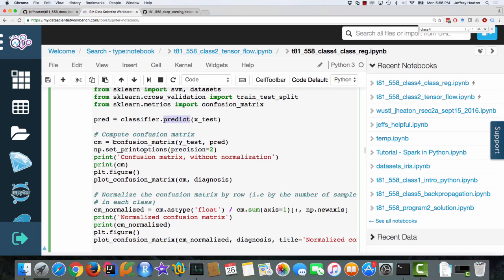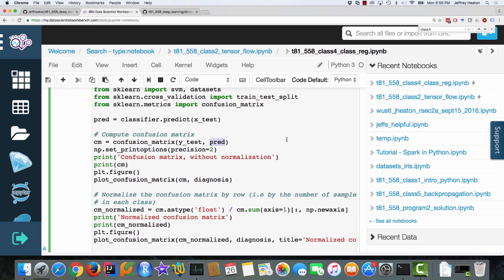And there's this very handy function that scikit-learn gives you that will calculate a confusion matrix for you. And you just call that. You give it the expected outputs. So y-test are your expected test outputs, and pred is your predictions that you generated above.